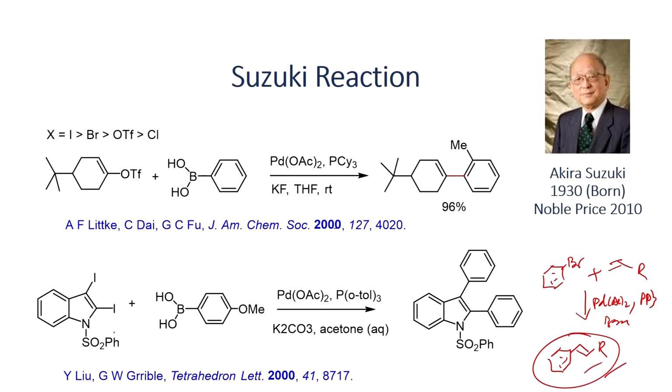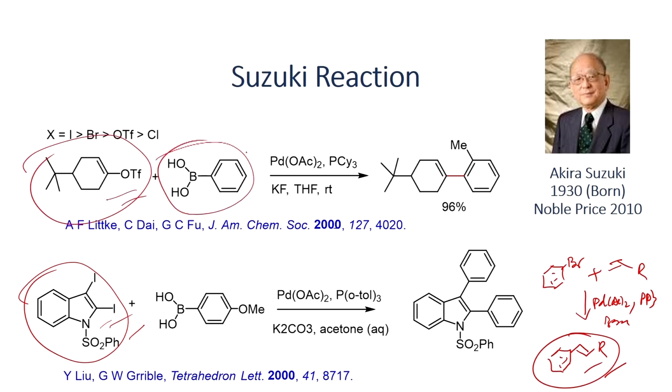But here, you can use aryl halide, or aryl or vinyl triflate. For example, when you take this vinyl triflate, it can be readily reacted with boronic acid. In the presence of palladium acetate, phosphine ligand and base, you can get this CC coupled product. So in this way, you can introduce vinyl functionality in the aromatic ring.